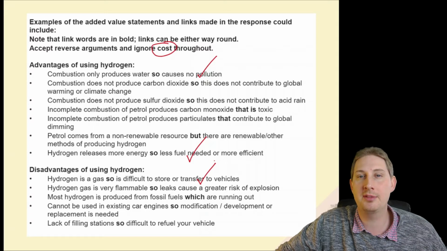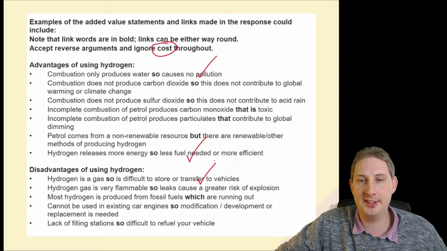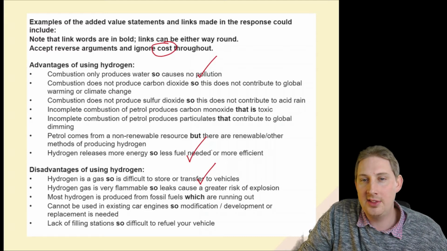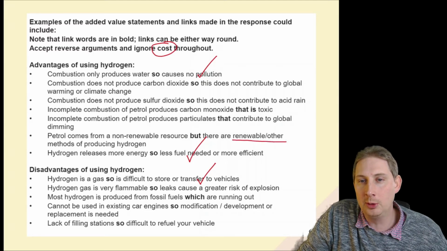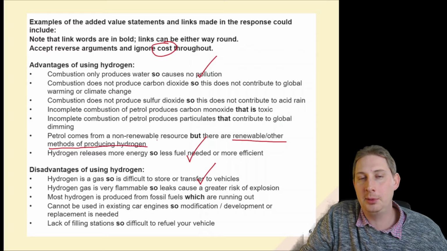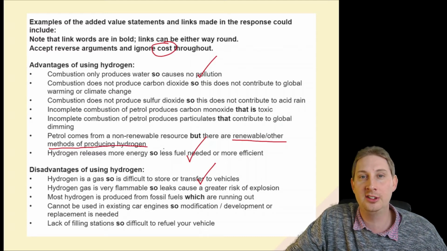Could you come up with 3 other things? Well, you might have discussed that although hydrogen is currently coming from natural gas, there are renewable ways of producing hydrogen. For example, electrolysis of water using solar power.